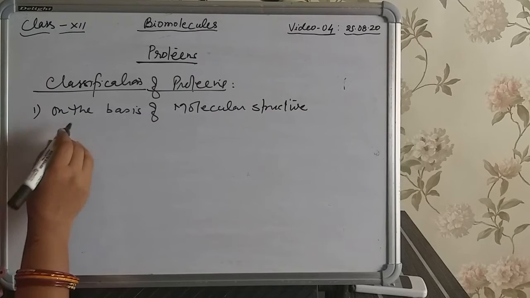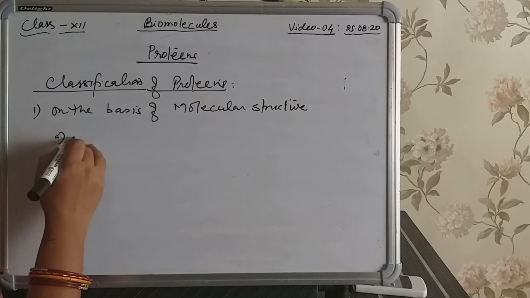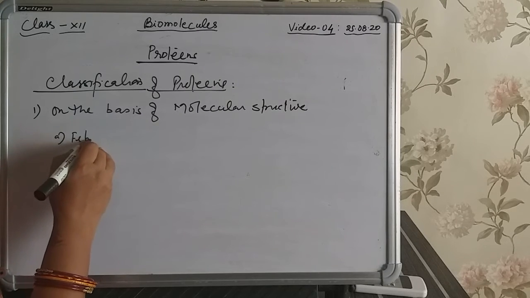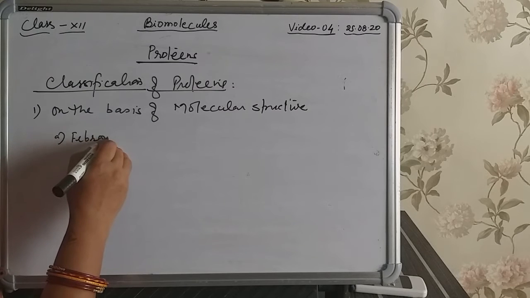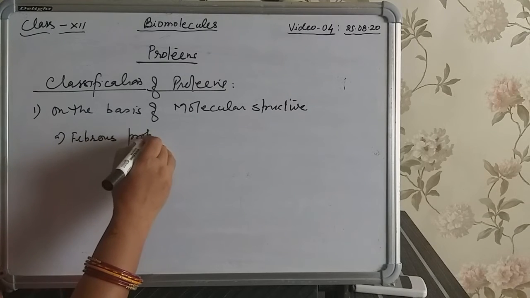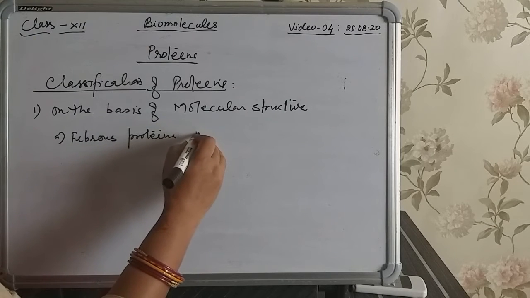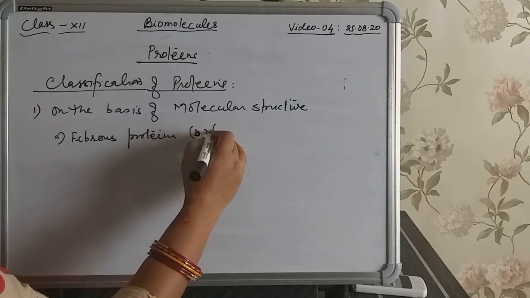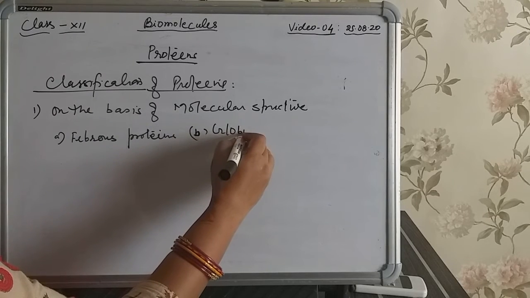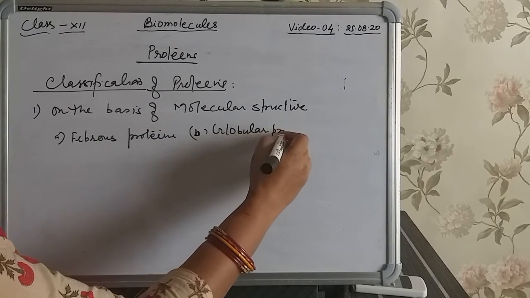So there are two types of proteins. First is the fibrous protein, and second one is globular protein.